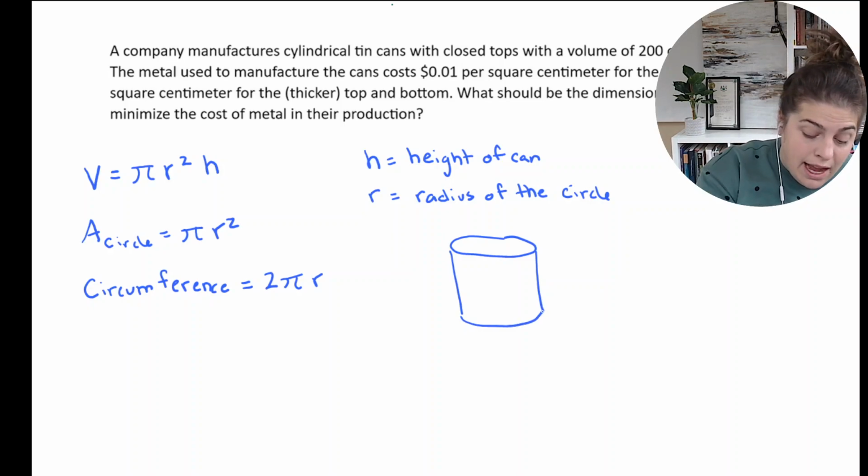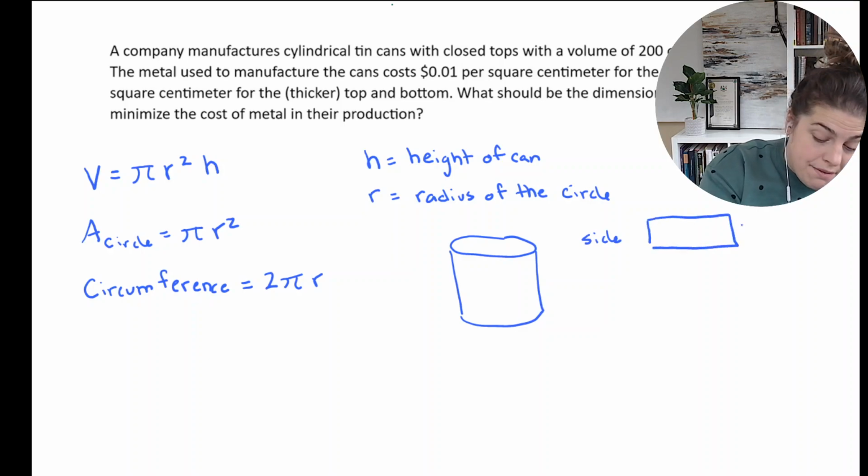The side of the can is actually just going to be that metal where we have the height, but the length is going to be the circumference.